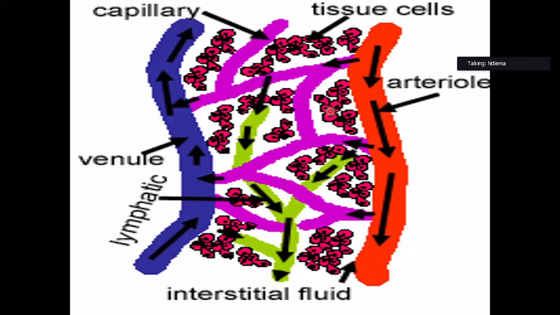The fluid then must get back into circulation. In the interstitial space, we also have wandering cells. Wandering cells, because we have tissue injury, are very important in immune surveillance. So these cells must get back into circulation.